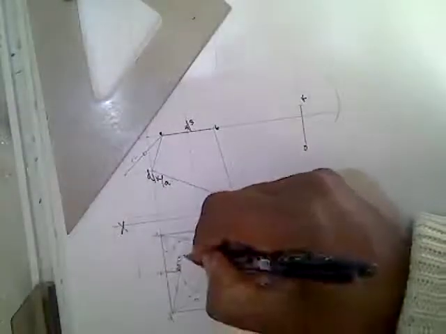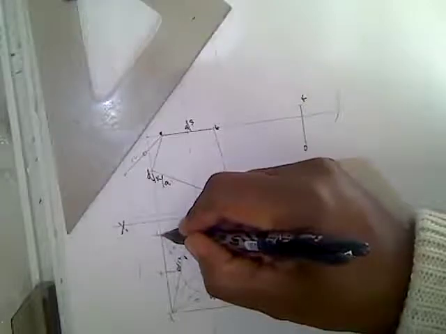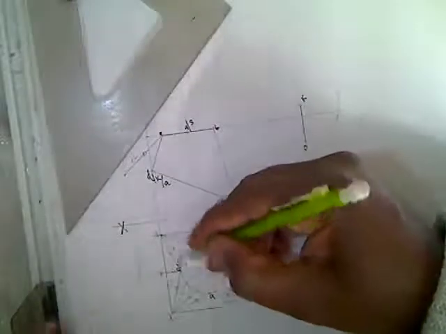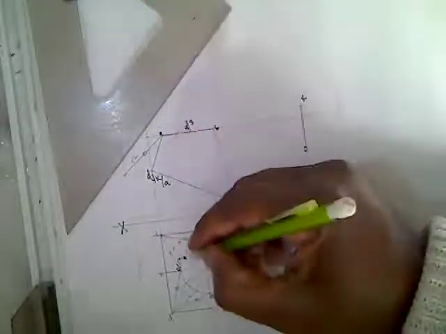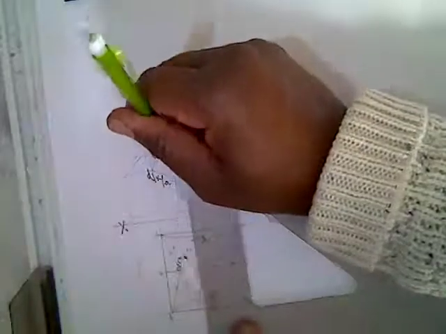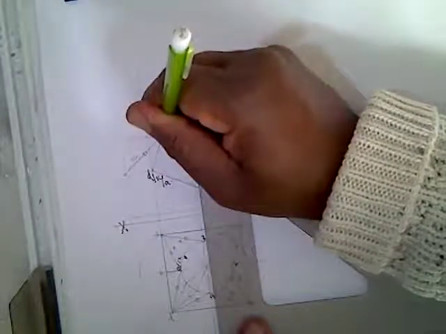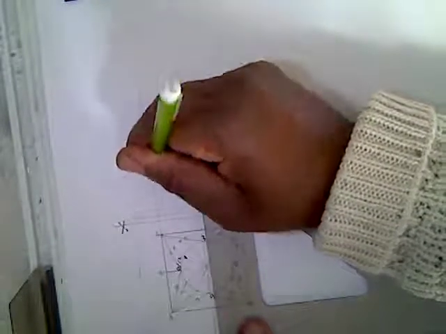This is 1, from A to 1. It's not parallel to the ground line. Here is my 1. My 1 to A is also not parallel to the ground line.